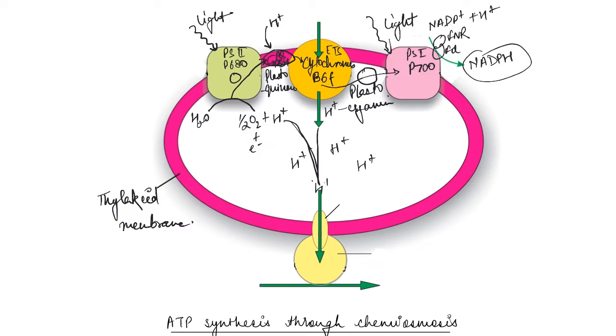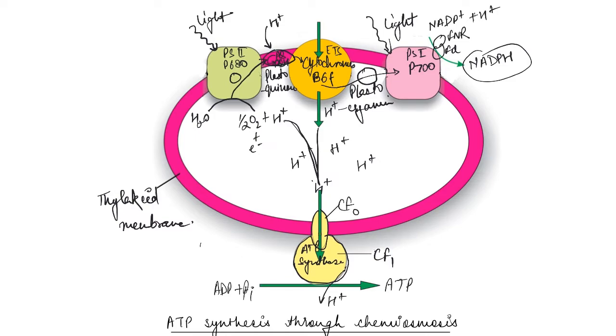And these protons are going to the ATP synthase enzyme, which has two components: one is CF0, and the other one is CF1. So this is basically ATP synthase, and it is again using protons, and the ADP molecule is getting converted to ATP, which is again the energy storing molecule.